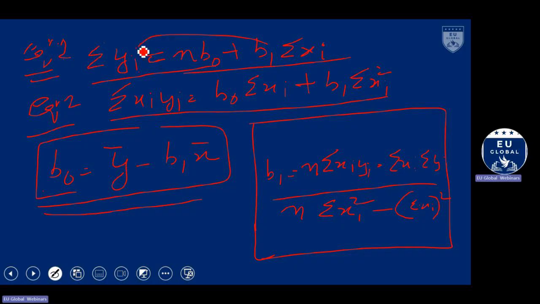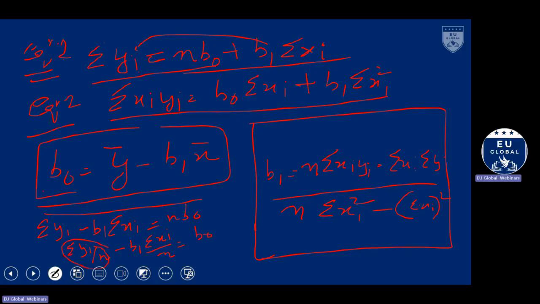If we take this equation, we get summation of yi minus b1 summation of xi is equal to n b naught. Here we divide by n: summation of yi upon n minus b1 summation of xi upon n is equal to b naught.